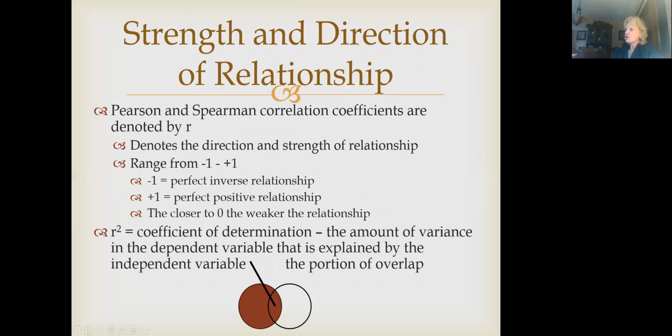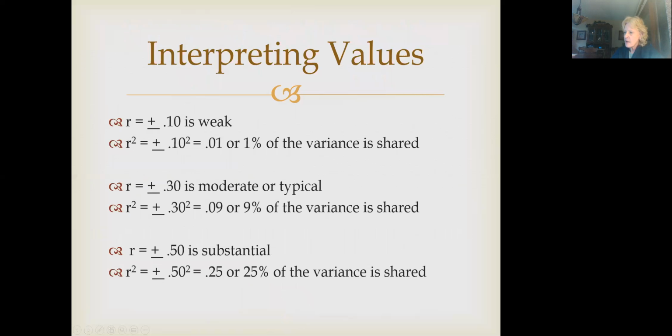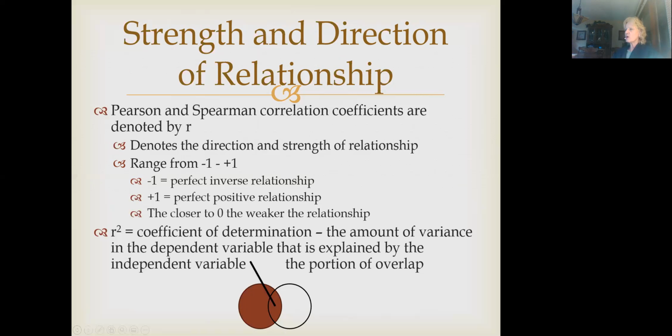So your strength and direction of relationship, the Pearson and the Spearman correlation coefficients are denoted by the R. And it denotes the direction and the strength of the relationship. So it can go from a -1 to a +1. -1 is a perfect inverse relationship, and +1 is a perfect positive relationship.